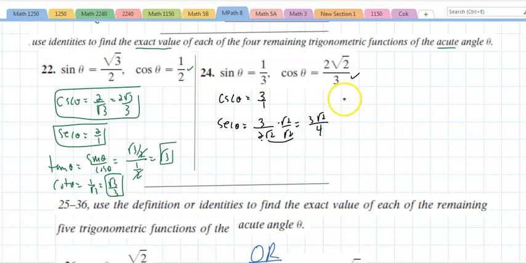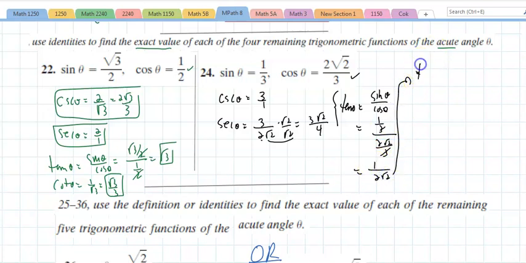And I could say out of those two, tan of theta is the sine of theta over cosine of theta. That is, sine is 1/3, cosine is 2 radical 2 over 3. Those undo each other, and I'm left with 1 over 2 radical 2.